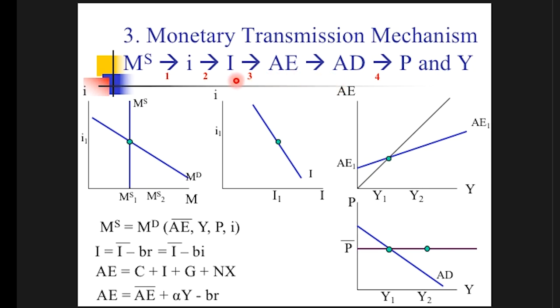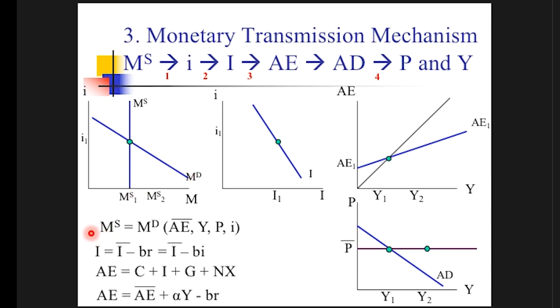To explain the monetary transmission mechanism, we use 4 diagrams, and each diagram represents one market. The first diagram represents the money market, including money supply and money demand.